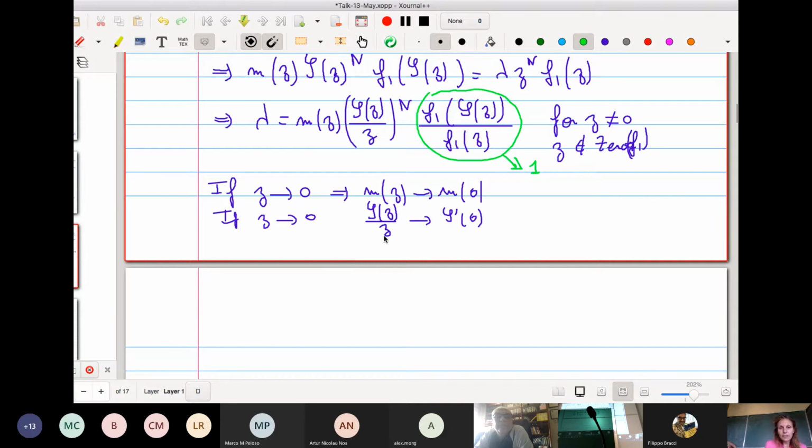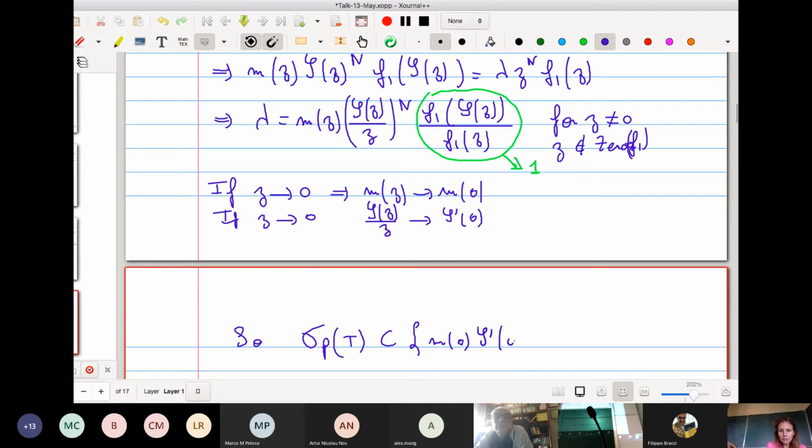It's not difficult. So the point spectrum is included in the set of points of the form m at 0, phi prime of 0 to the n.